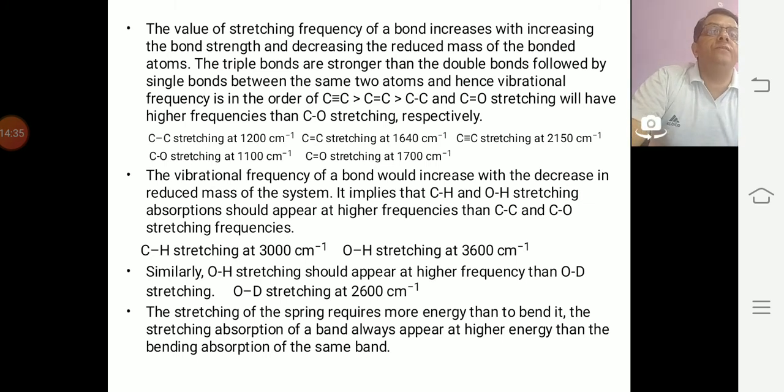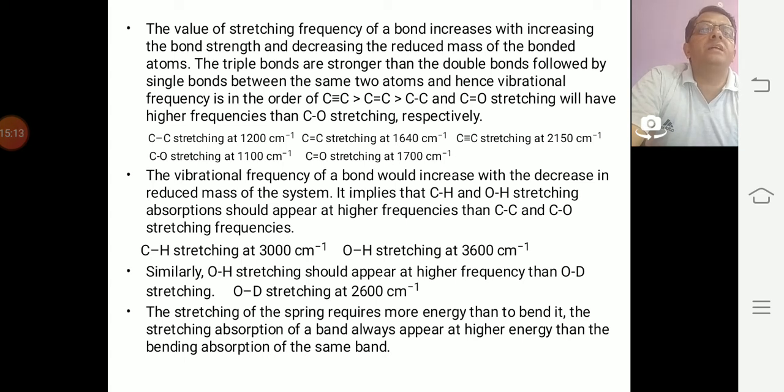The value of the stretching frequency of a bond increases with increasing bond strength and decreasing reduced mass of the bonded atoms. The triple bond is stronger than the double bond, followed by the single bond between the same two atoms, and hence vibrational frequency is in the order of C triple bond C greater than C double bond C greater than C single bond C. And C double bond O stretching will have a higher frequency than C single bond O stretching.